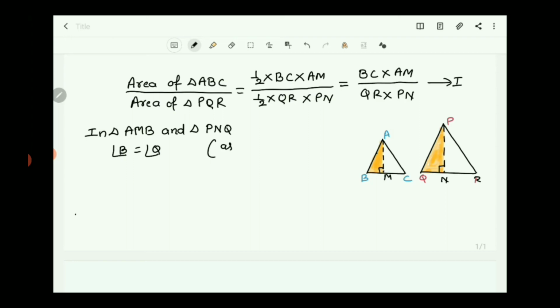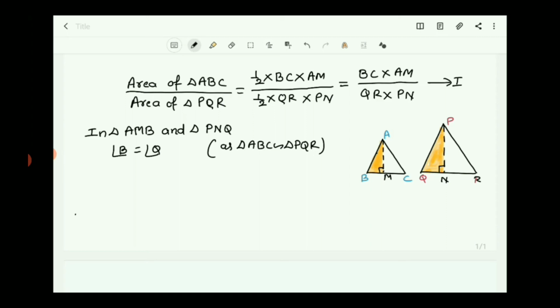As triangle ABC is similar to triangle PQR, you know that the corresponding angles of similar triangles are equal. Therefore, you can write angle B is equal to angle Q.